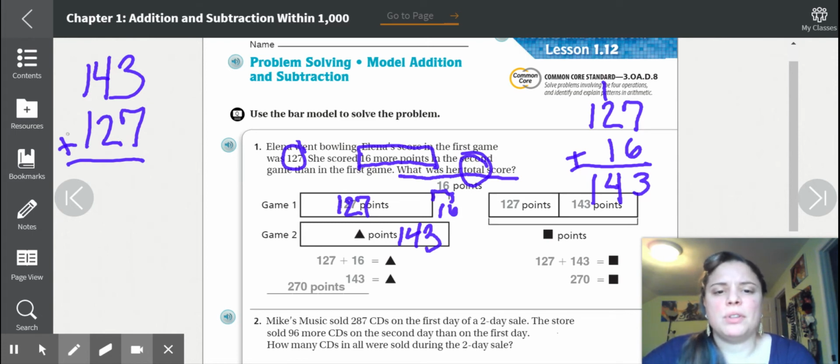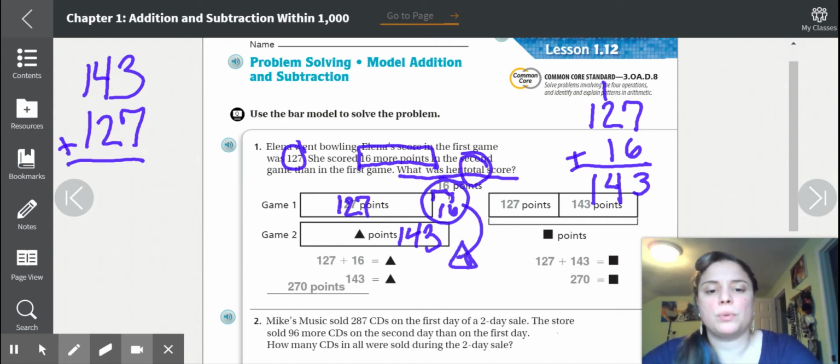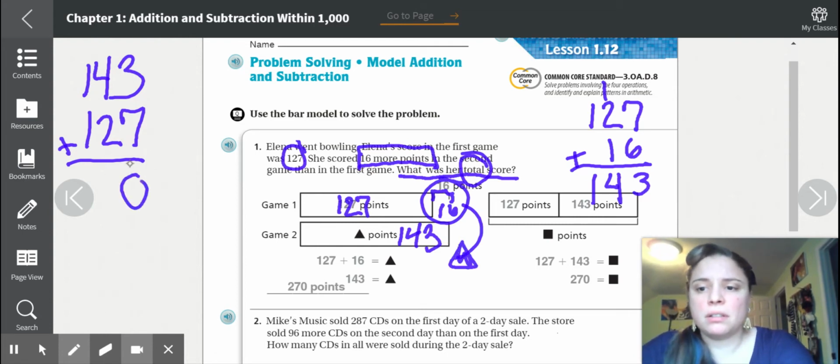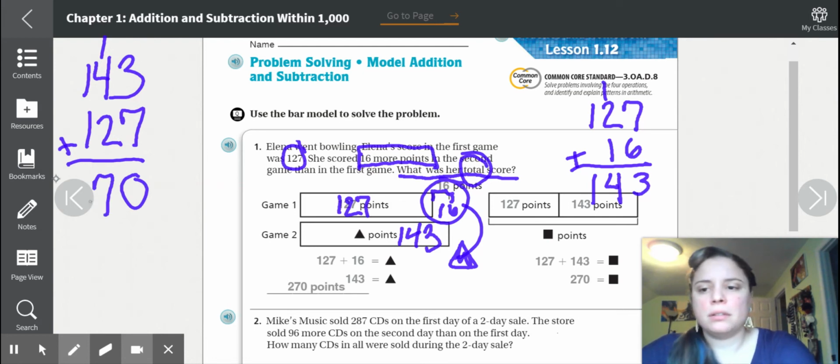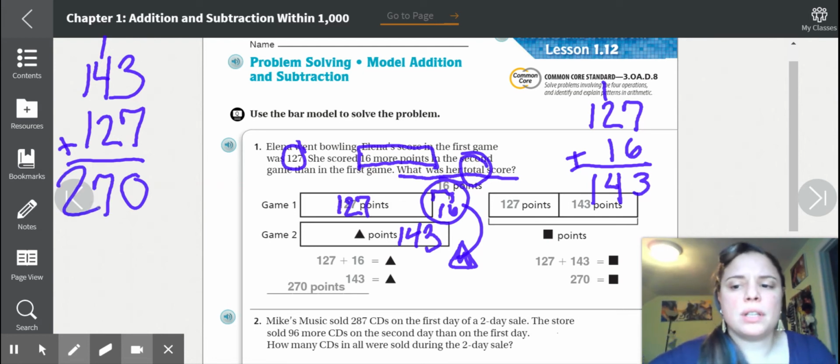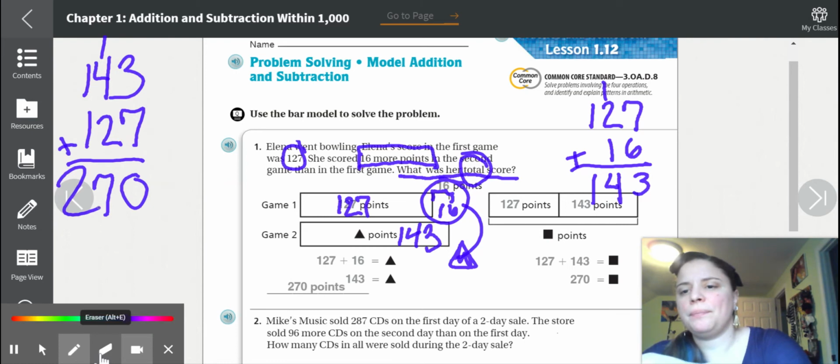Yeah, we already used the 16 to figure out our second score, so we don't need to add that number in again. So 3 plus 7 is? 1 plus 4 plus 2 is? And 1 plus 1 is? Yep, so the answer is 270.